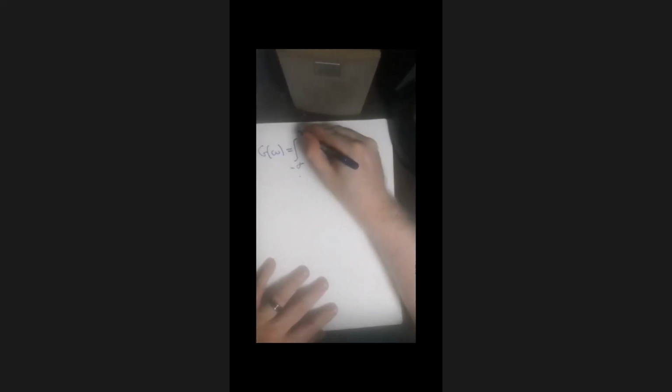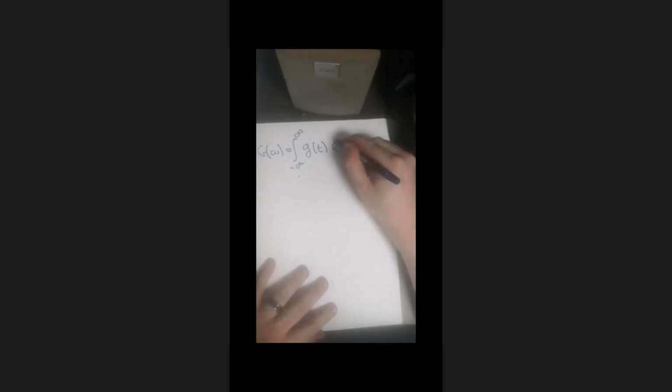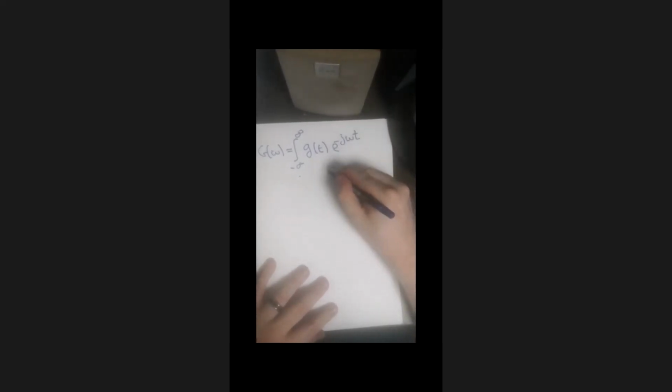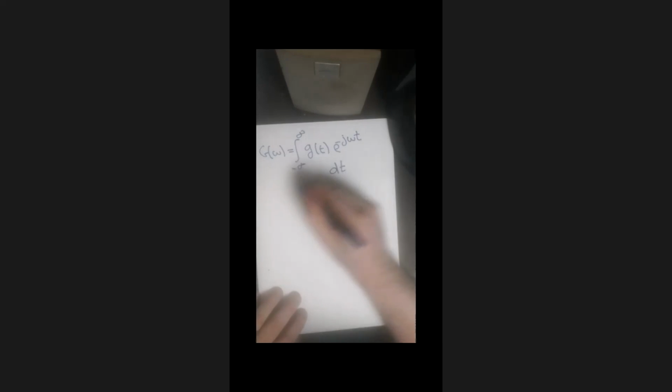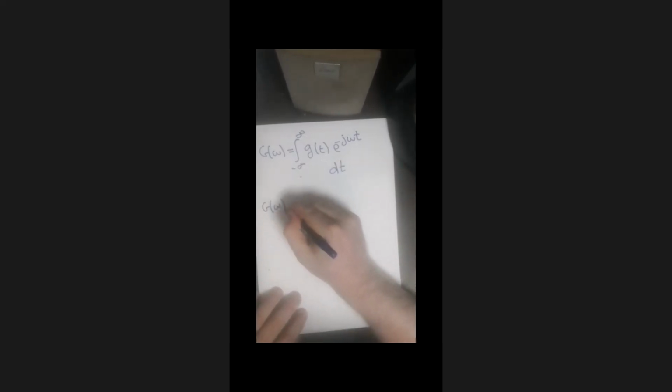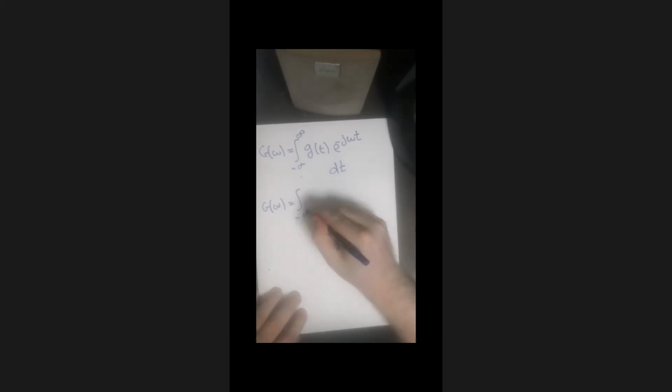Okay, so let me write it again. What we reached is as follows. We say that g of omega equals the integration from negative infinity to infinity of g of t e power minus j omega t dt.